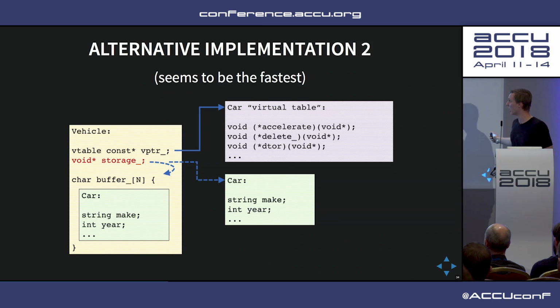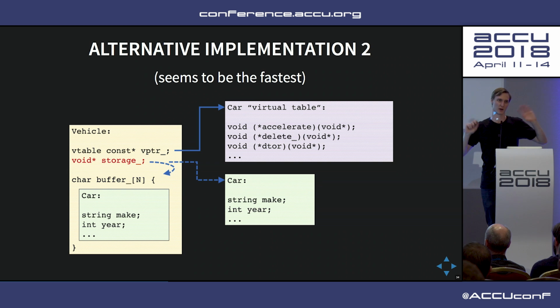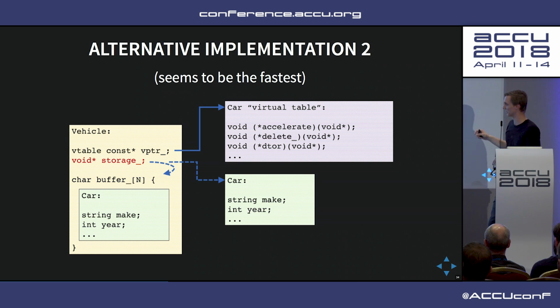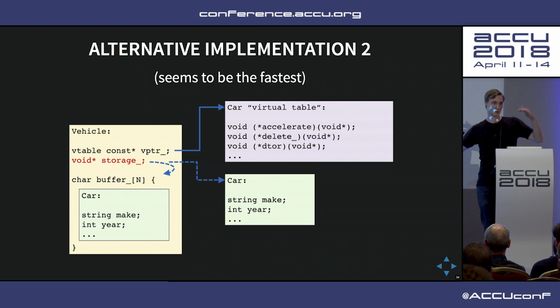Another way, which seems to be best, I ran a couple of benchmarks, and this is honestly very difficult to benchmark because it's very micro, and I'm not a super low-level person, so I did my best here, but roughly speaking, this seemed to be the best. You want to try it out yourself, of course. The idea here is you have a pointer, which is always what you dereference whenever you want to get the storage.